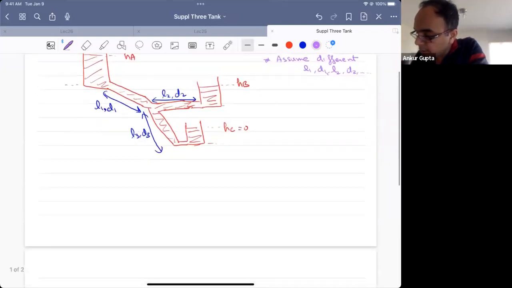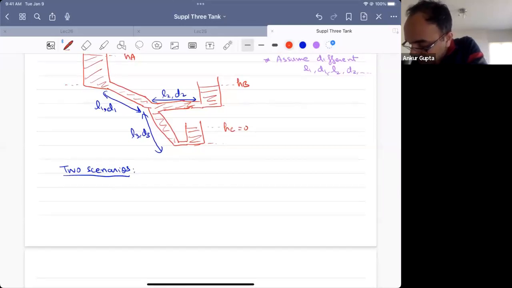The two scenarios, in terms of flow rates, are these.